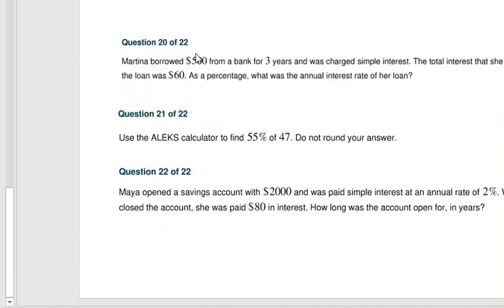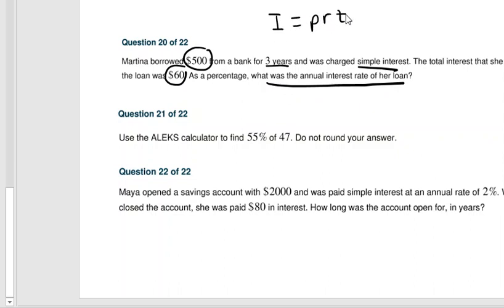Maria borrowed $500 from a bank for 3 years and was charged simple interest. The total interest that she paid on the loan was $60. As a percentage, what was the annual interest rate of her loan? So remember on these ones, these are the simple interest ones. Simple interest is equal to principal times rate times time.